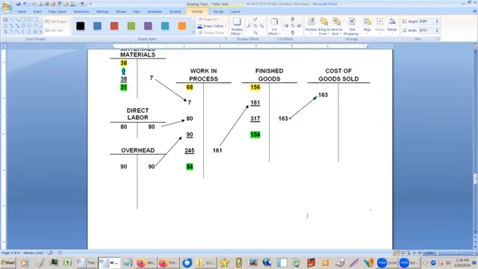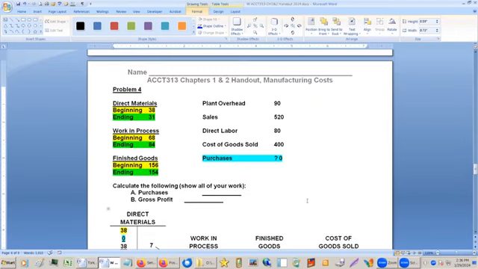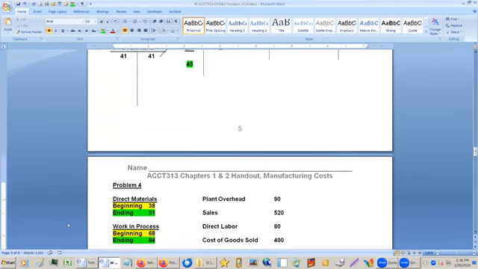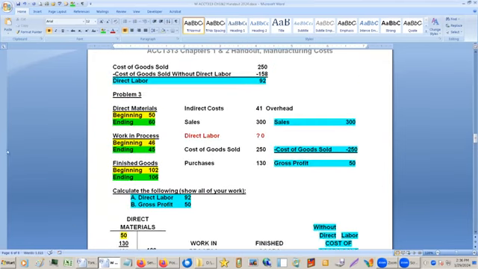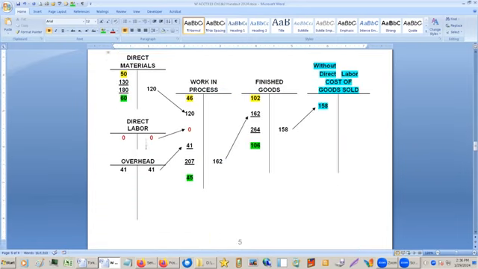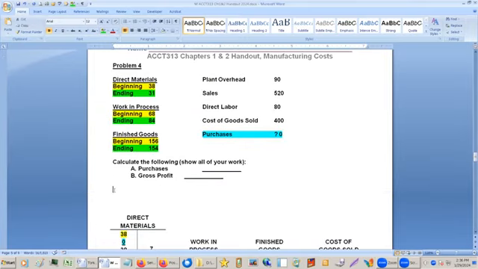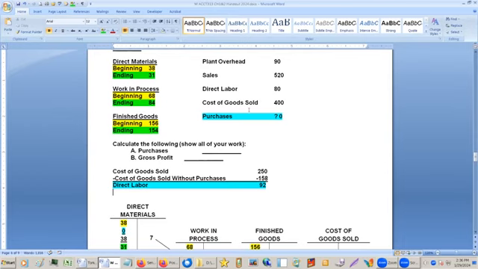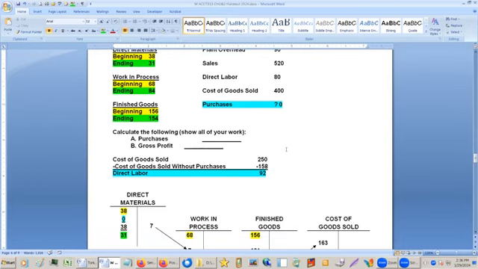Okay, so I know that, let's do it here. Copy from up here. This is my teaching you guys how to be lazy, like me. Okay, this is cost of goods sold without purchases. Let's see. Cost of goods sold was 400.